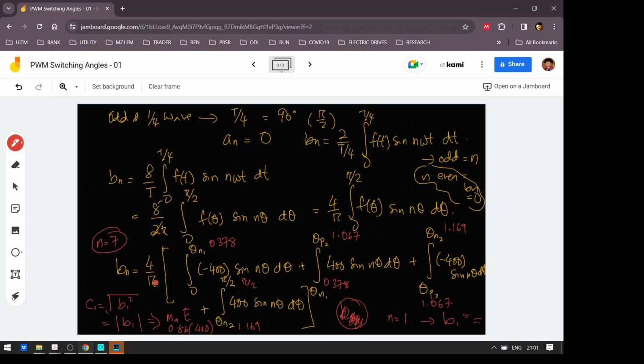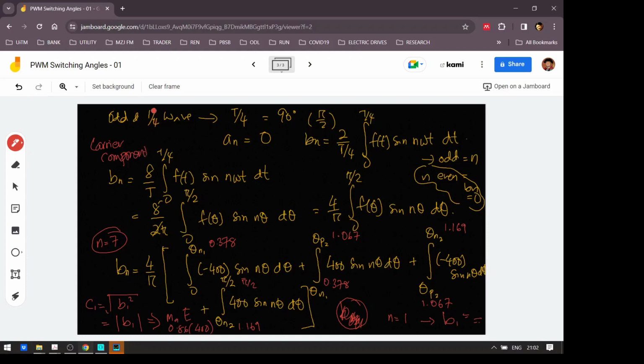So you have 4 over pi, minus 400 sine 7 theta d theta, and then 400 sine 7 theta. So replace n with the number 7 to get the carrier component.